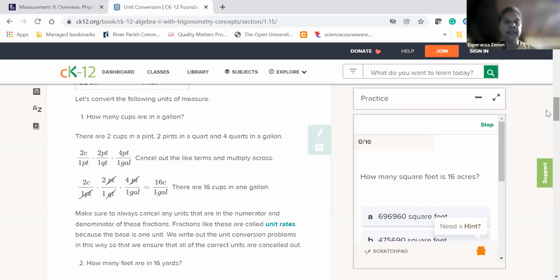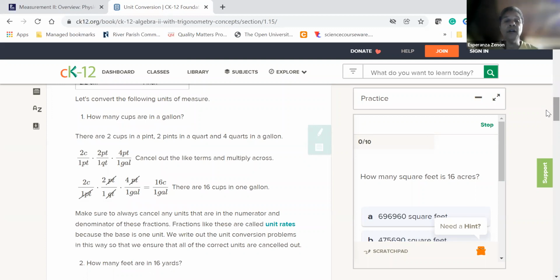So they give us an example here of converting cups to gallons. Okay. So you have a gallon and you want to know how many cups that is. Okay.